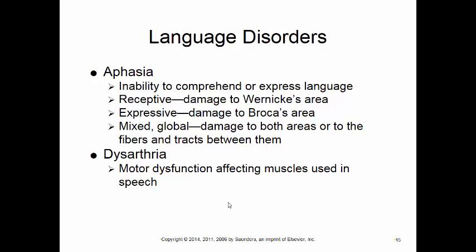And then you can have expressive, where you can't express. So receptive means you can't understand. Expressive means you can't talk. And that's where there's damage to Broca's. Mixed or global means there's damage to both areas and tracts, so you're not able to understand or express.